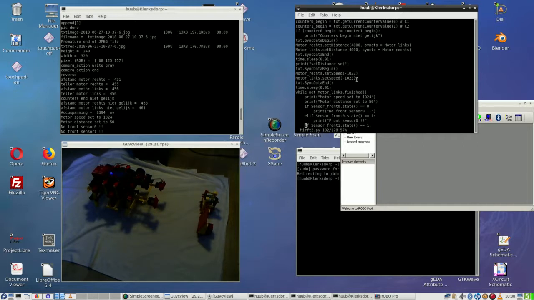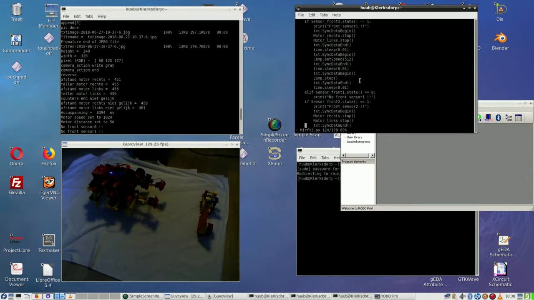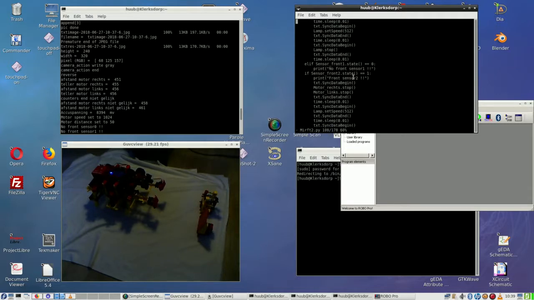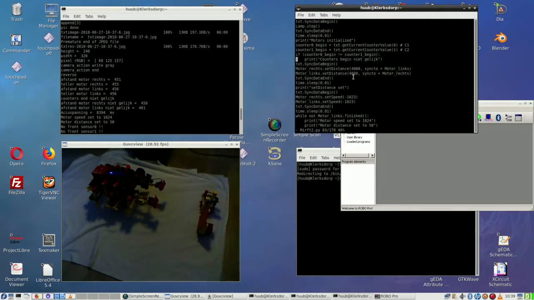So actually I want the whole thing of the distance being printed straight after it starts. So 2 lines and distance set, I'm fine with that.